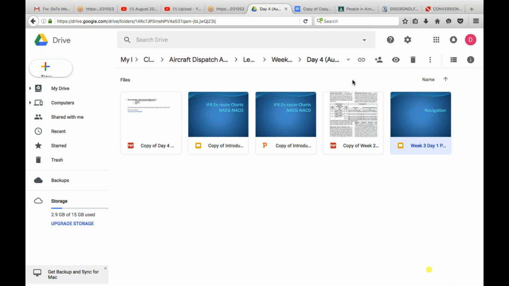Okay, so for time purposes here, op specs, we've got FAR 121, correct? So FAR 121 is just the general guideline or rules or regulations for commercial air transport.